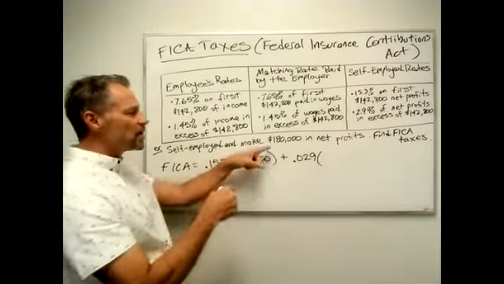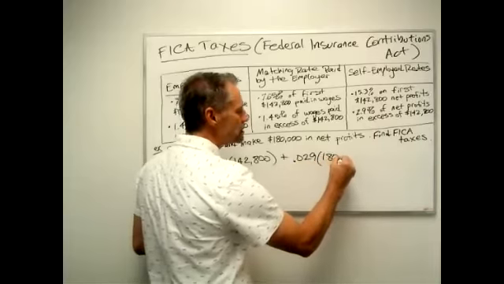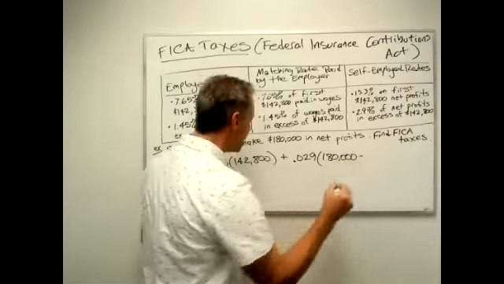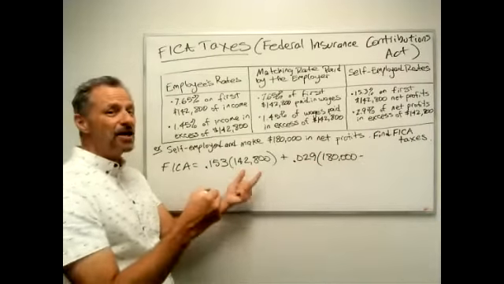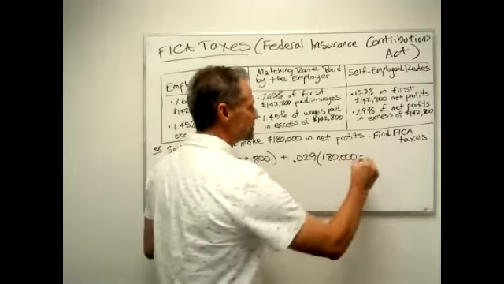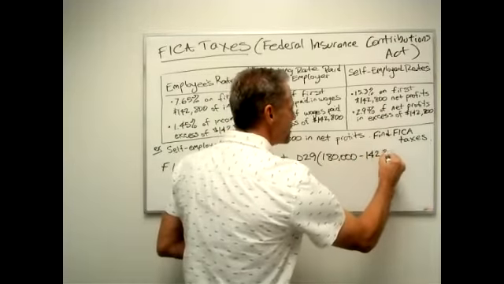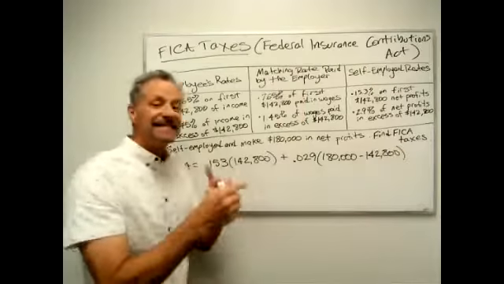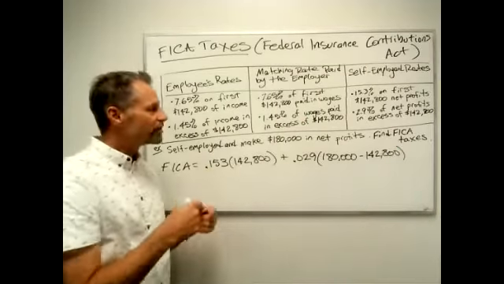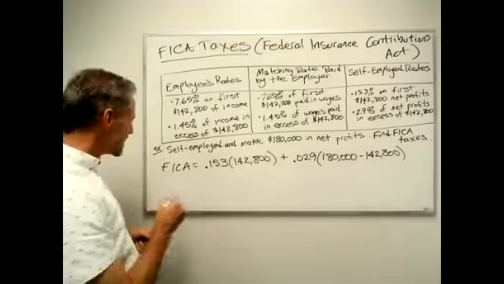Well, the excess, we made 180,000 minus the 142,800 that we're already paying the FICA taxes on. So the excess is the difference in those two numbers, how much over that we made. So I've already done this calculation.